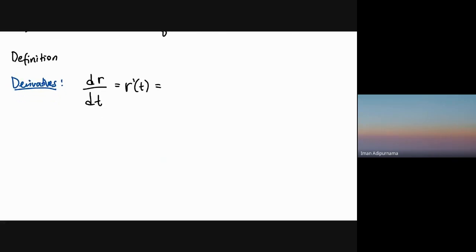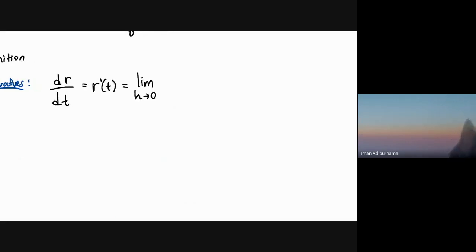Basically, the definition is the same as we did in calculus 1. So we have a limit. And in calculus 1, remember we have h, the gap between the point that we want to observe and the other point.